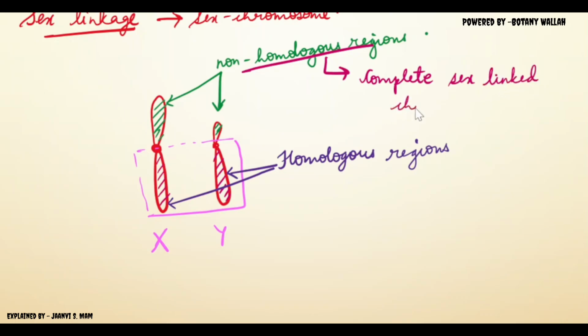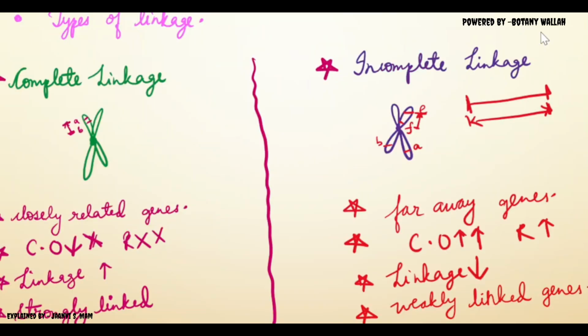If there are complete sex linked genes, then the crossing over will be less, as on this non-homologous chromosome region there are complete sex linked genes. So the crossing over will be less, or you can say there will be no crossing over. I told you complete linkage means the genes are very close to each other.